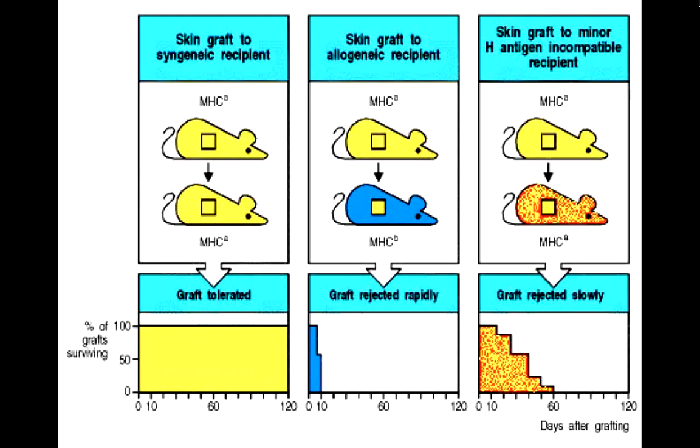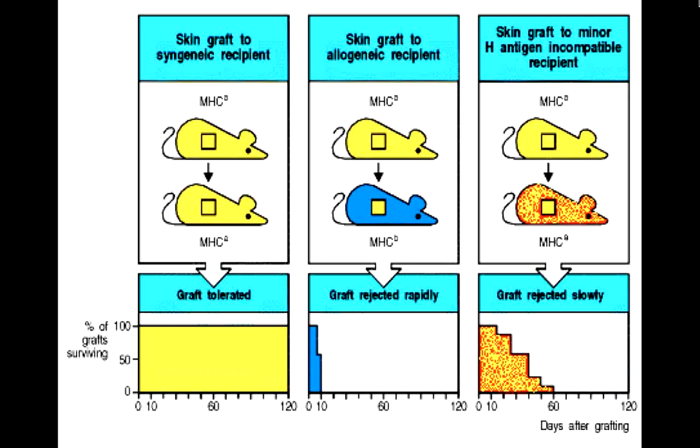And then this is what you see is a skin graft to a syngenic recipient, which means graft is tolerated because there is no difference of MHC antigens, whereas in case of allogenic recipient, there is difference between the genetic component, genetic constitution, as well as we refer here particularly to MHC.